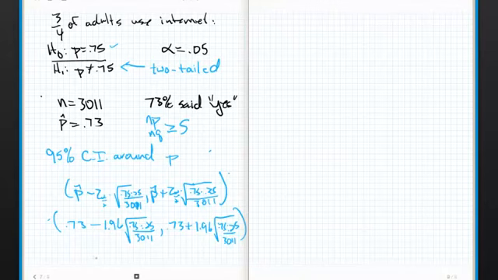In parentheses, I think I'm good there. I end up with 0.715 on the left, and if I hit second entry and change my minus to a plus, which saves me a boatload of time, I get 0.745. Uh-oh. Wait a sec.